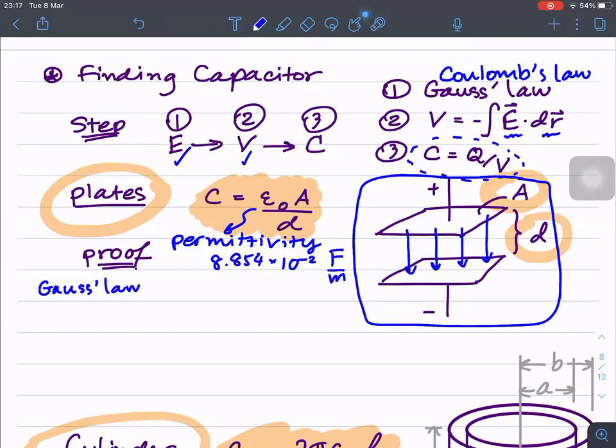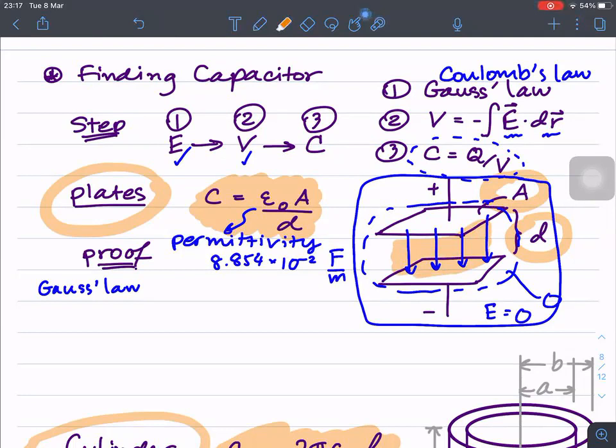As we have the total charge within this closed surface as 0, you find that there will be no electric field outside. So the electric field would be only inside the plates. Okay.